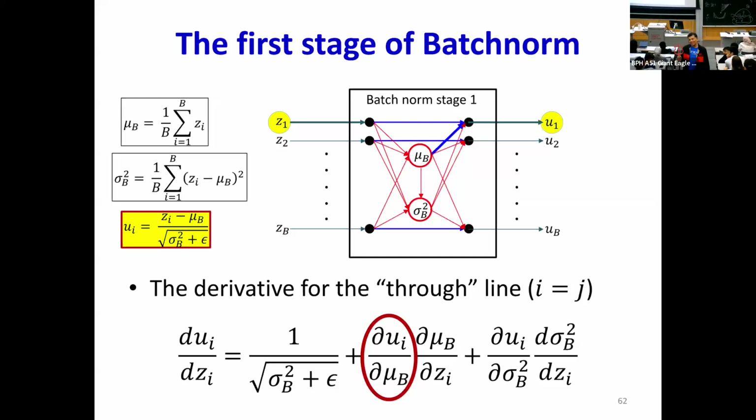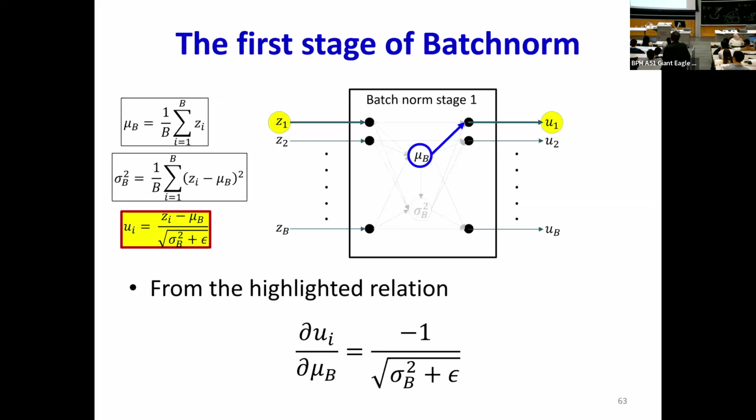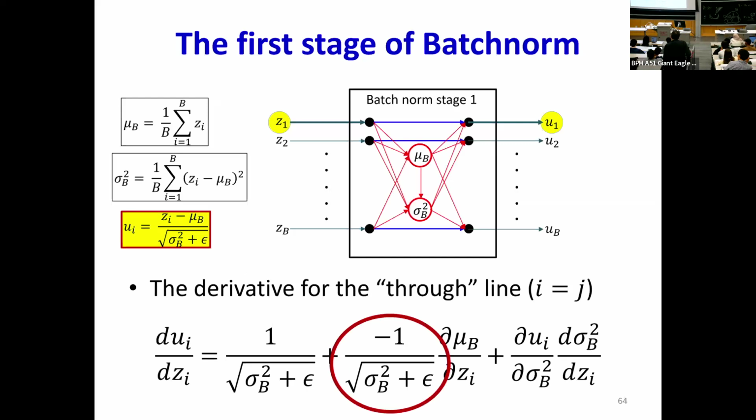So, what is the answer? Is it 1? Minus 1, right? So that's going to be just minus 1 over square root of sigma squared plus epsilon. So let me plug that in here. Easy. Right? So, what is the next term to compute?